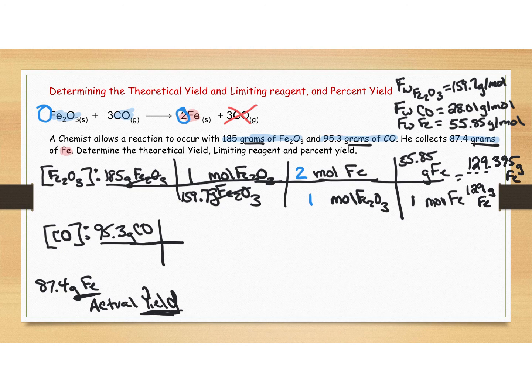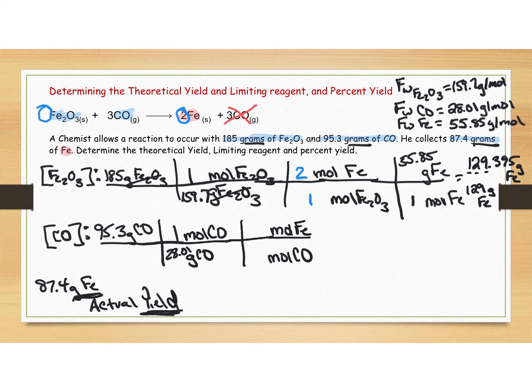So I got carbon monoxide. So I'm going to go from grams of CO to moles of CO. 1 mole of anything is equal to its atomic mass in grams. So the formula weight of CO we determined was 28.01. I'm then going to go from moles of CO to moles of iron. Again, why am I going to iron?